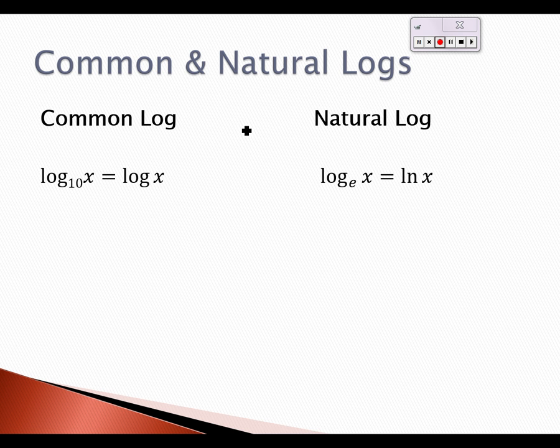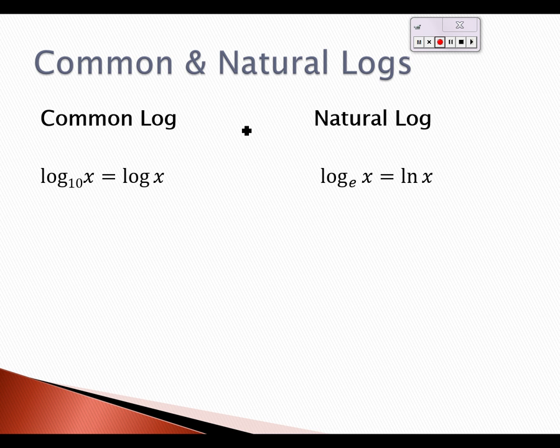Because we use the log base 10 so often, we like the base 10. We can use any base we like, but it turns out that we like 10 a lot, right? Because don't we like 10 a lot? It's the number of fingers I have, at least. We like 10s because we have a base 10 number system.